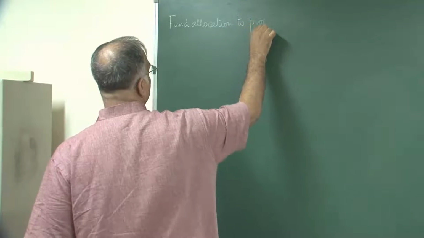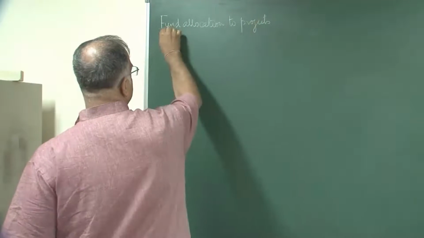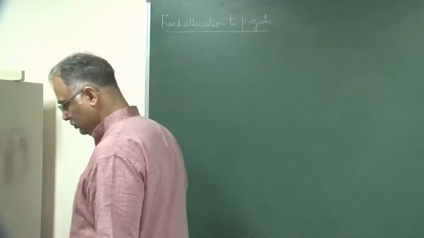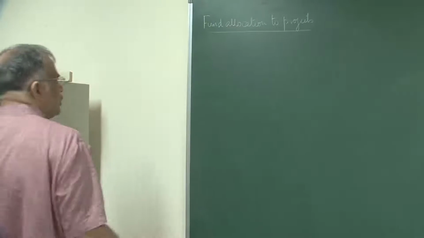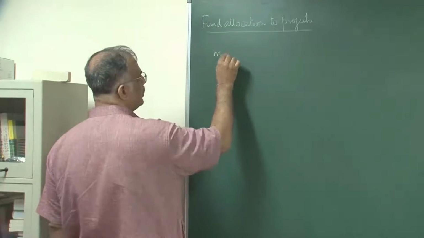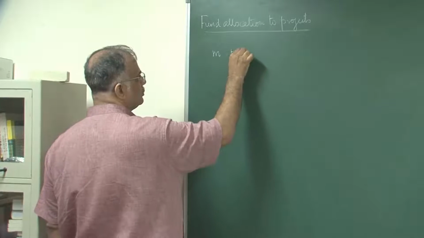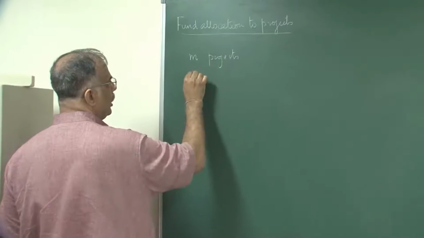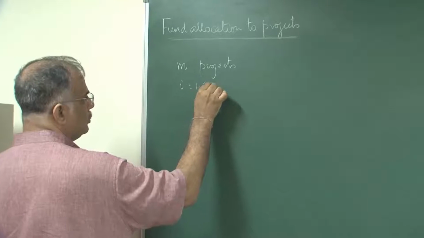So now we are going to talk about fund allocation to projects. There are M projects, i equal to 1 to M.